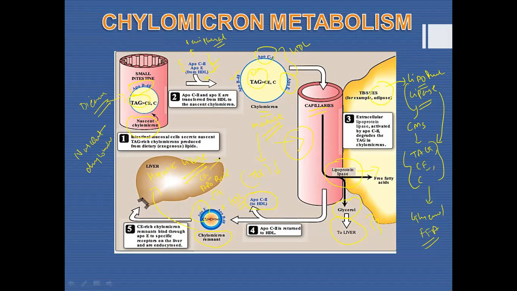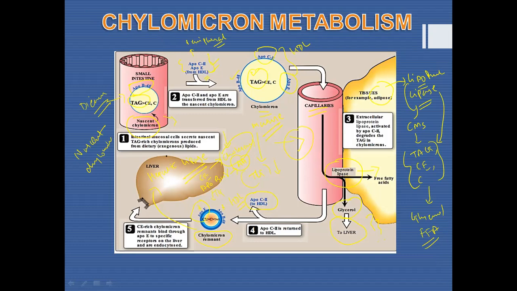So the cholesterol esters will be hydrolyzed, so there will be cholesterol formation. And ApoB48 are proteins, so once they are hydrolyzed, they will produce amino acids. Okay, so in this form, the dietary cholesterol which we have taken is delivered to the liver.